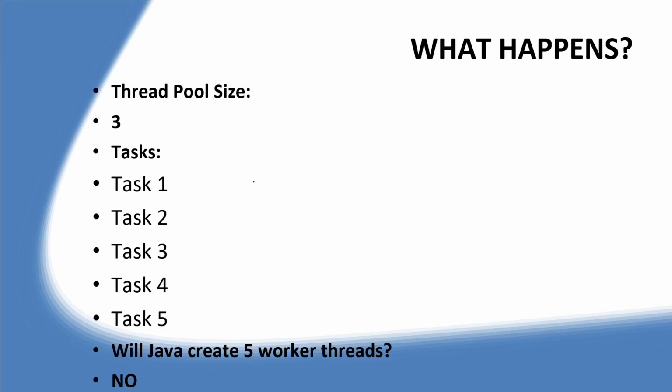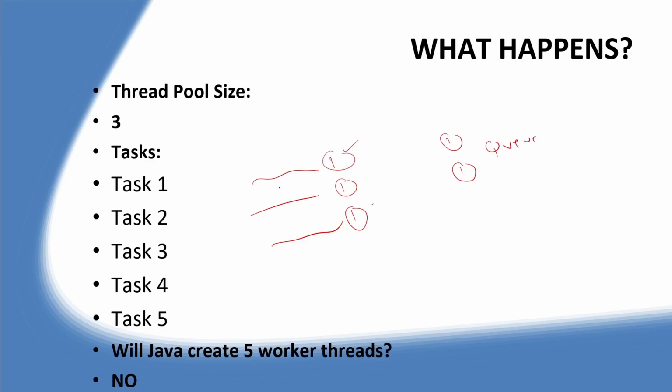So we have 3 worker threads, and each of these threads will pick one task. So 3 tasks are working concurrently. We have 2 remaining tasks. These 2 tasks will wait in the queue until any of the worker threads finishes any of the tasks.